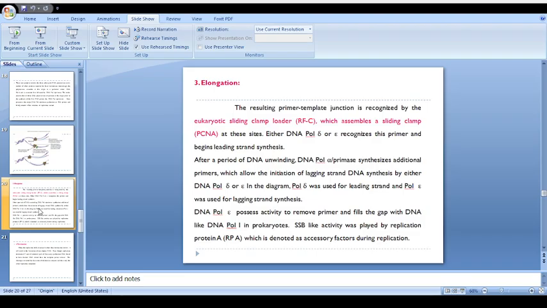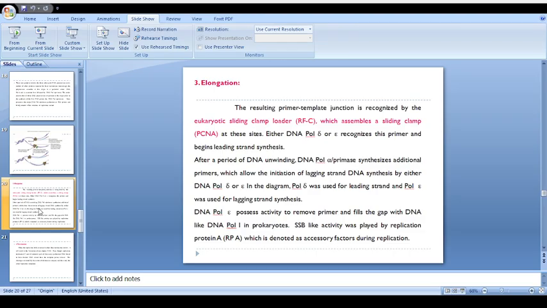So this is called PCNA. PCNA means primer associated nucleotide clamp, the sliding clamp at the sites.